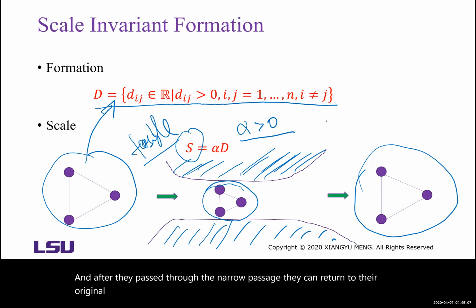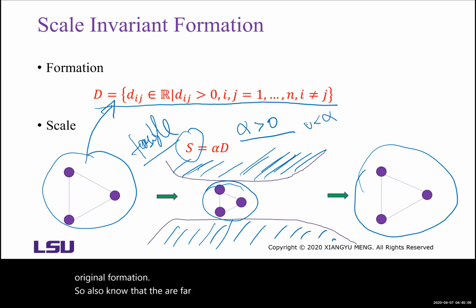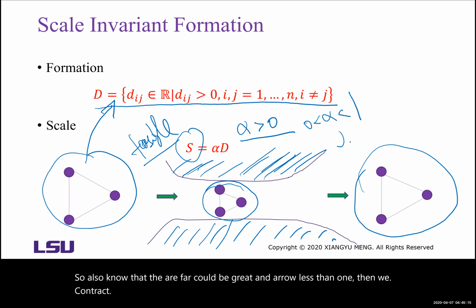Also note that alpha could be greater than 0 and less than 1, then we contract the triangle. If alpha is greater than 1, we expand the formation.